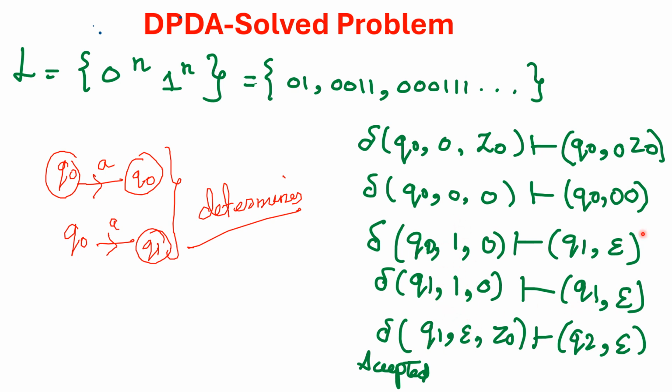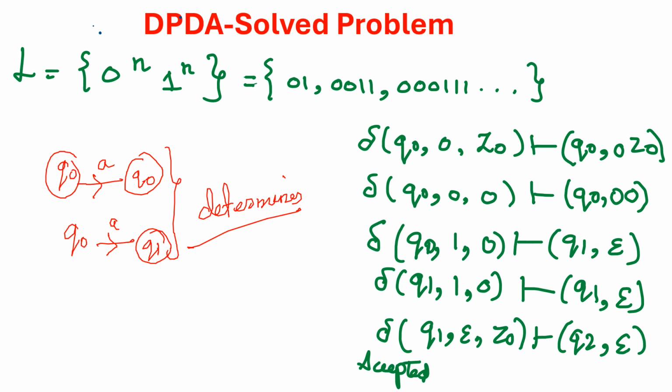Definitely the state must be unique. Anyway, here we are using the same input twice, but the states are Q0 to Q1 and Q1 to Q1. So this is a deterministic PDA.